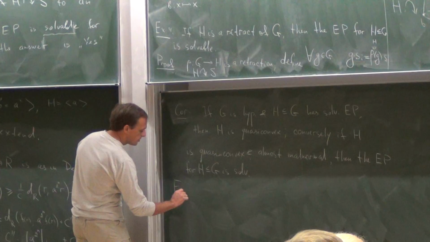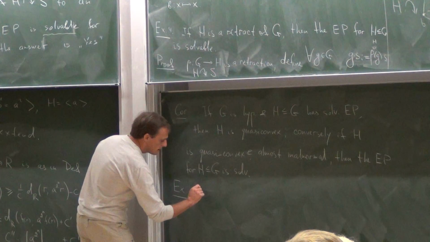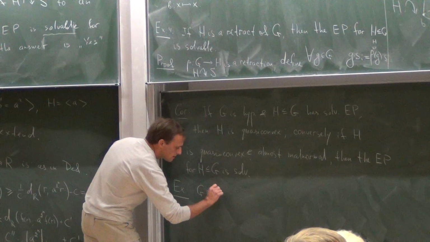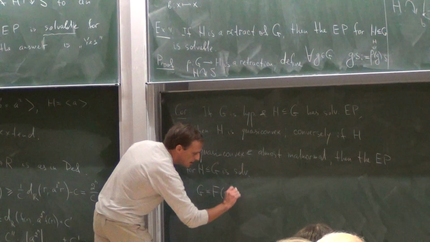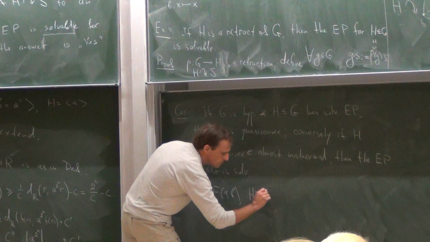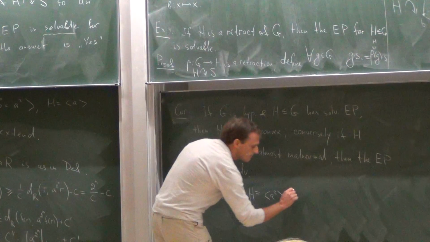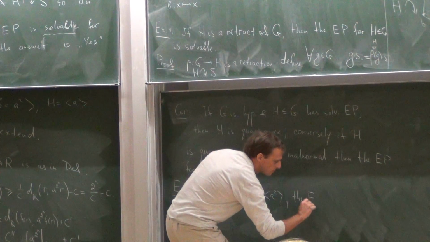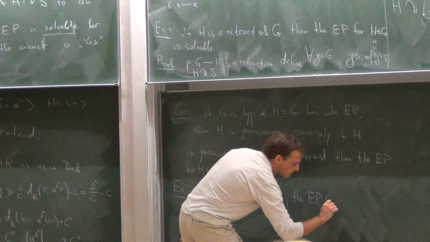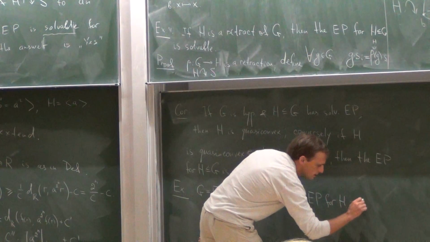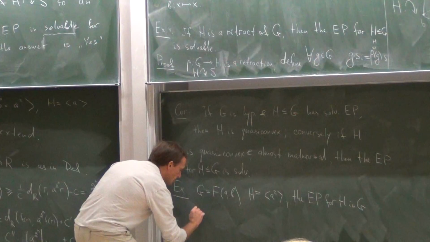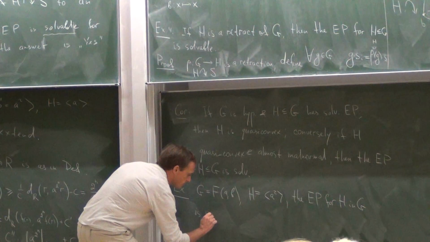Well, here's an example. If you take G to be the free group on A and B, and H to be the cyclic subgroup generated by A squared, then the extension problem for H in G is solved.